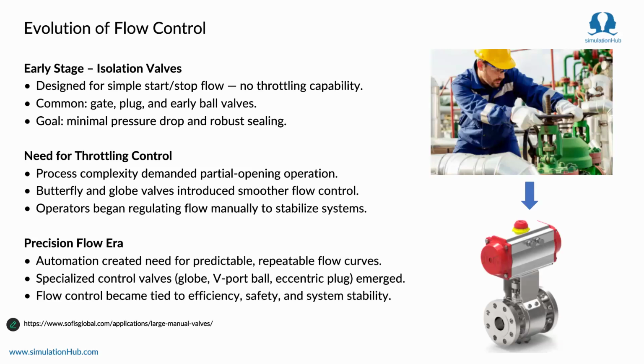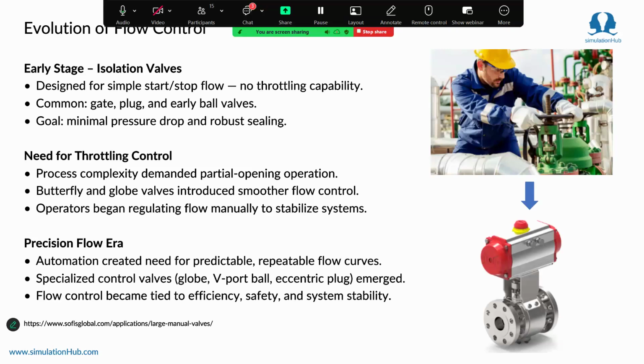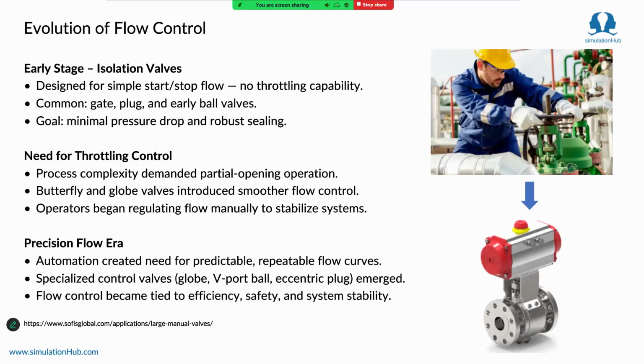So in the early stages of valve design and valve applications, the main purpose of having valves installed in, let's say, water management pipelines or any other industry was to get a good sealing of the process fluid and to control the flow by just either having it completely off or having it completely on.